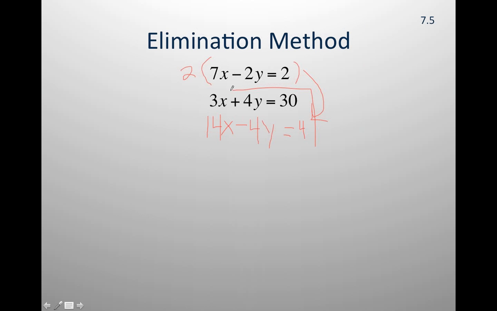Okay, so these two can be combined together at this point. So that gives us 17x, 3x plus 14x, and 30 plus 4 is 34. So here in the end, x equals 2.